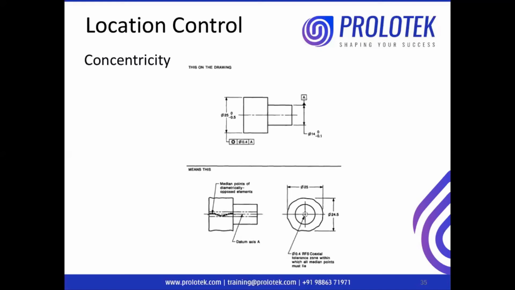So because of these reasons, people did not want to use it. In place of concentricity, people started using position and runouts. So the ASME committee took a decision to delete this symbol itself. So in 2018, this symbol was deleted.